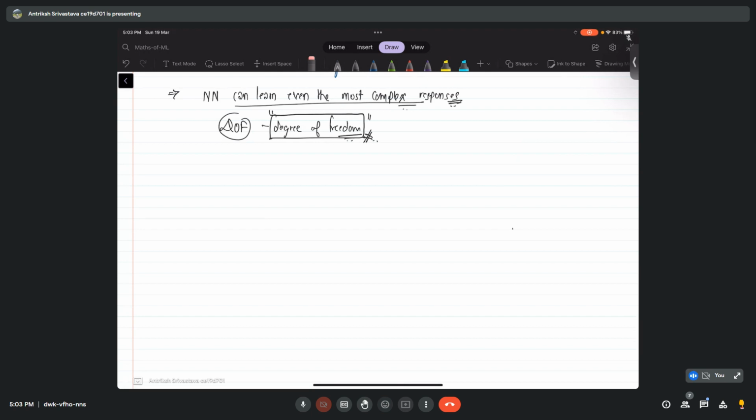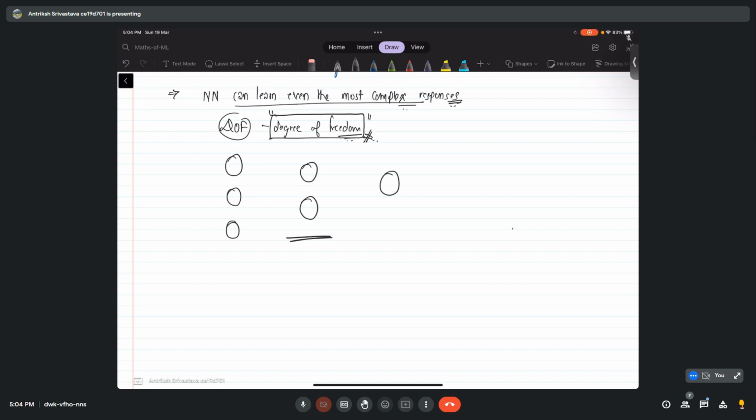Okay, and how does this degree of freedom increase when you increase the number of hidden layers? So if we have, let's say, 3 input nodes and only one hidden layer, and let's keep it this way, only one output node also.